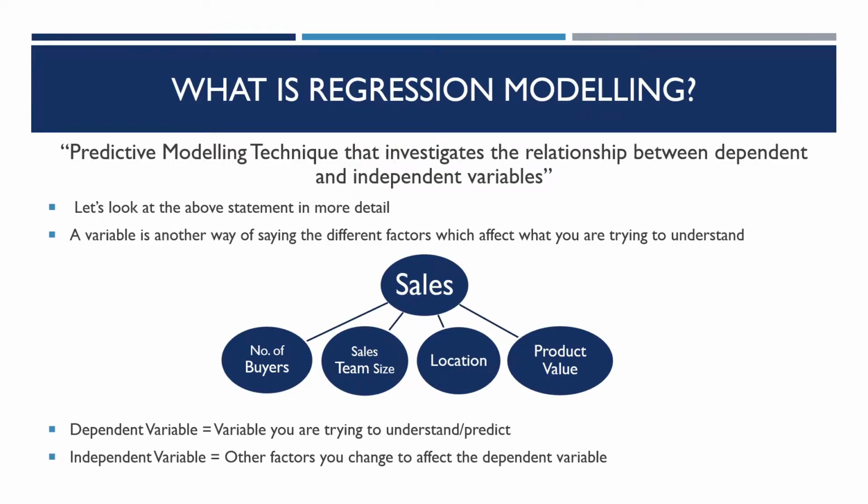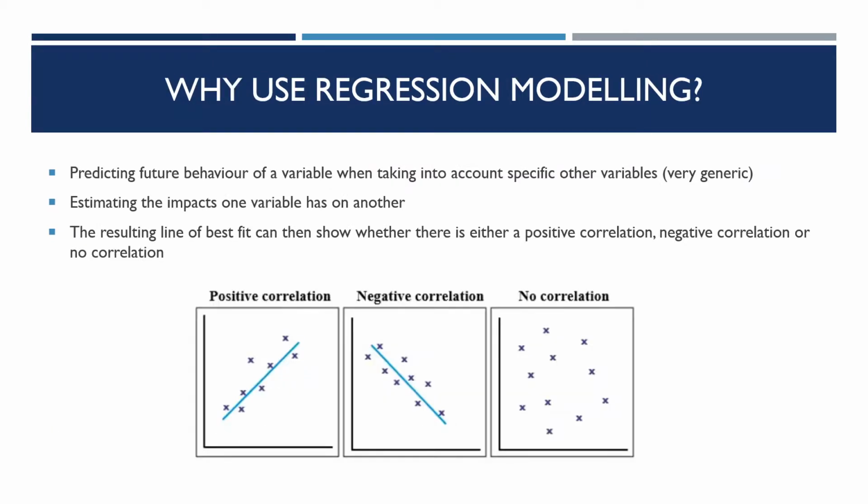What regression modeling can do is help further understand the relationship between these variables, and use this relationship to try and predict what the dependent variable will be in the future.